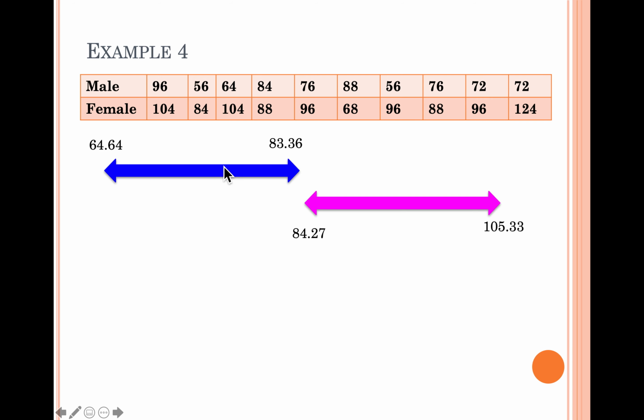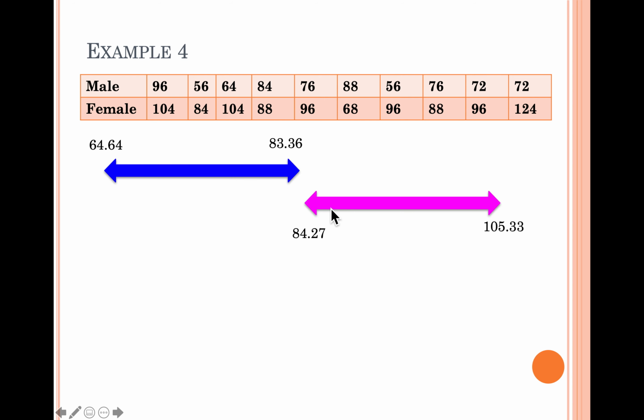Remember, these are estimates for the population mean, and these are estimates built with 95% certainty. So we're 95% certain that the male population mean pulse rate will be somewhere within the blue arrow, and we're 95% certain that the female population mean pulse rate will be somewhere within the pink arrow.